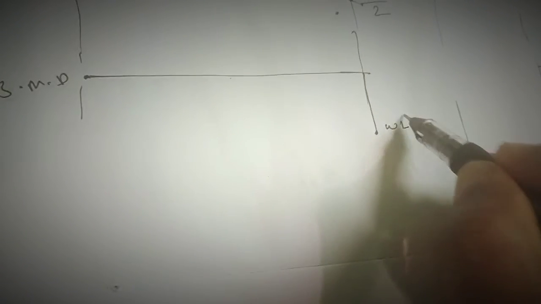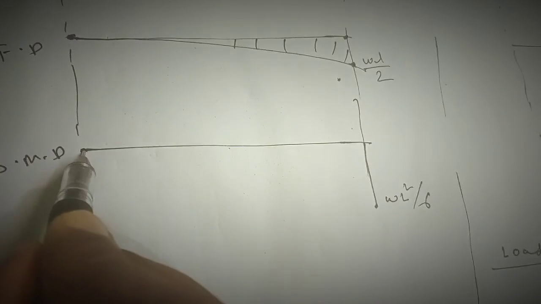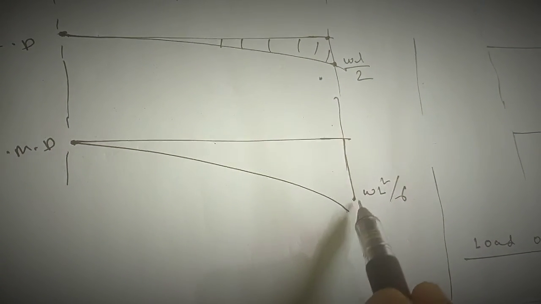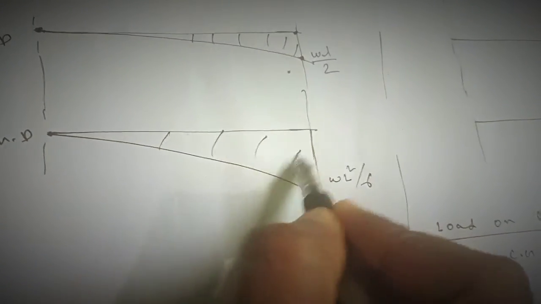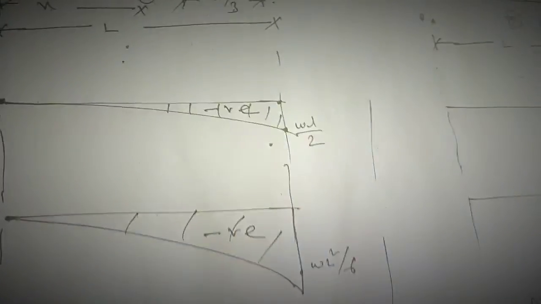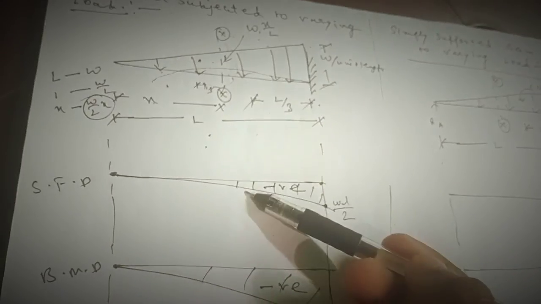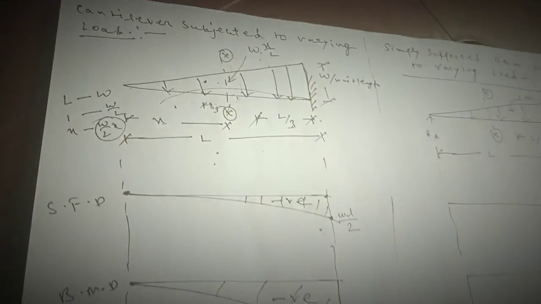It will go downward because it is negative. Then we will connect this by a cubic curve because it is a cubic variation. So this is the bending moment and it will be negative, and this is the shear force, also negative. So friends, this is the shear force diagram and this is the bending moment diagram for a cantilever subjected to varying load.